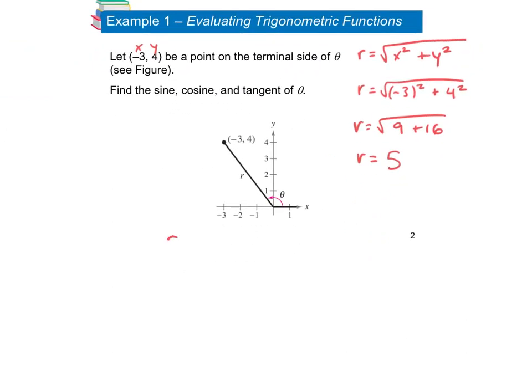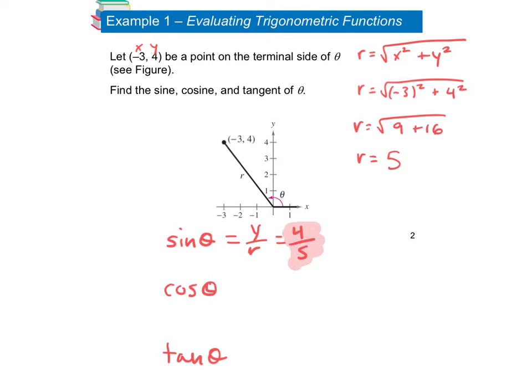So now we need to find the sine of theta, cosine theta, and tangent of theta. So sine, we said, is y over r. So what's our y? 4. And our r, we just found, is? 5. So sine of theta is 4 over 5.